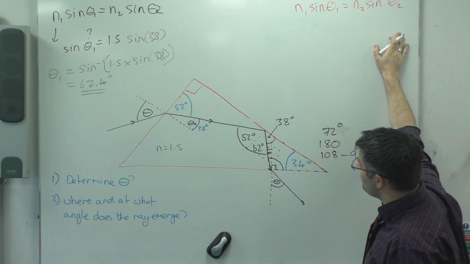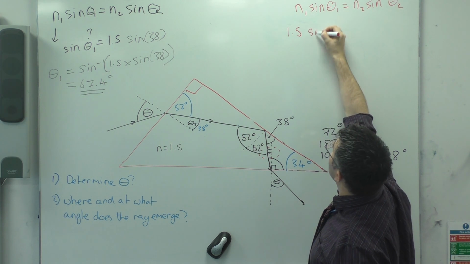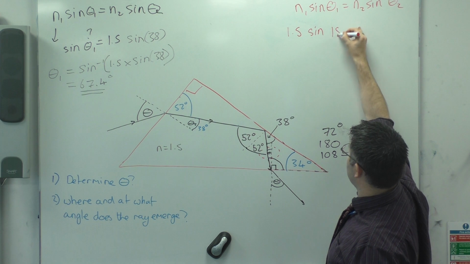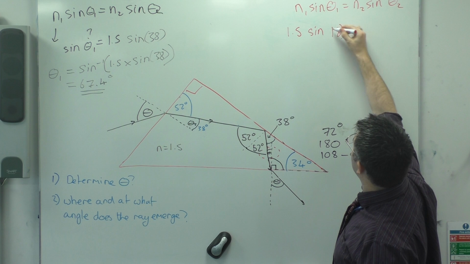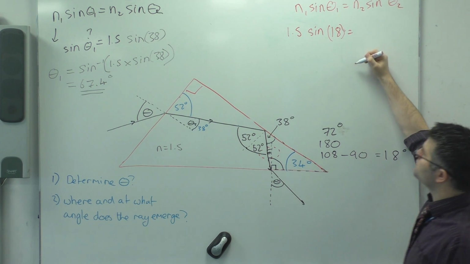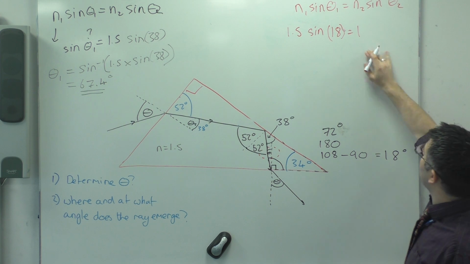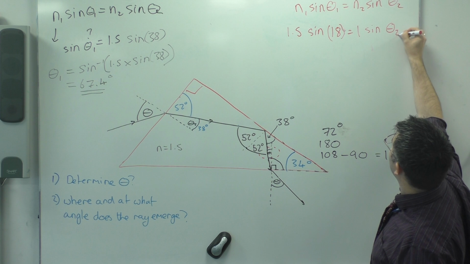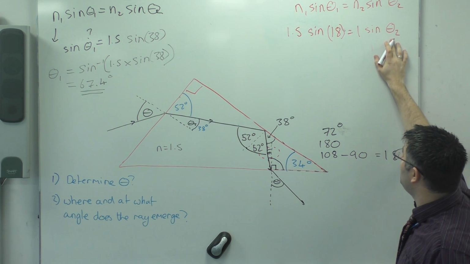So N1 in this case is going to be 1.5, sine of this angle right here, which is 18 degrees, is going to be equal to N2, which is going to be 1, sine theta 2. We don't know what theta 2 is. So that's what we're looking to find out.